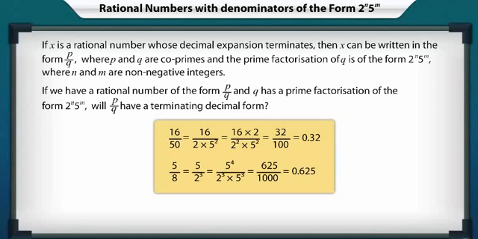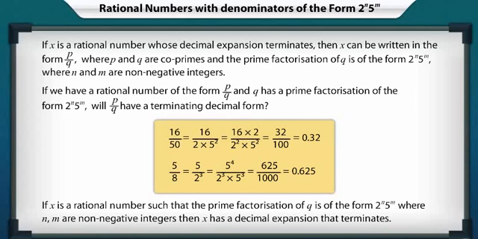The decimal representation of this rational number is finite. Thus, we can see that any rational number of the form p by q, where q has a prime factorization of the form 2 raised to the power of n multiplied by 5 raised to the power of m, where n and m are non-negative integers, will have a terminating decimal form.